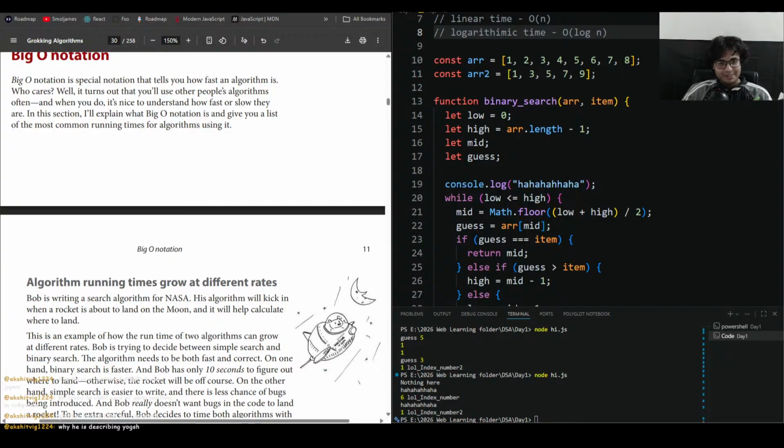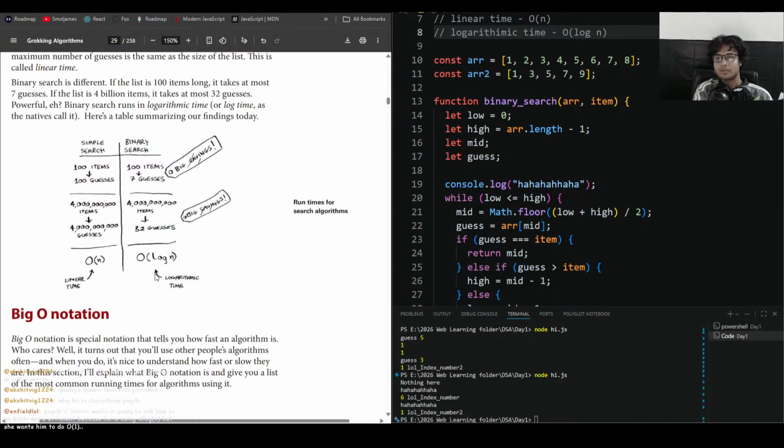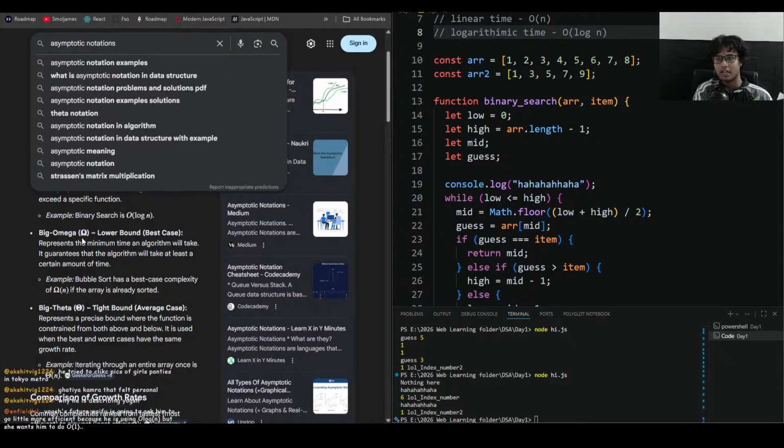Yosh's future wife is going to ask him to be a little more efficient because he's using O(n), but she wants O(log n). Isn't O(log n) better?